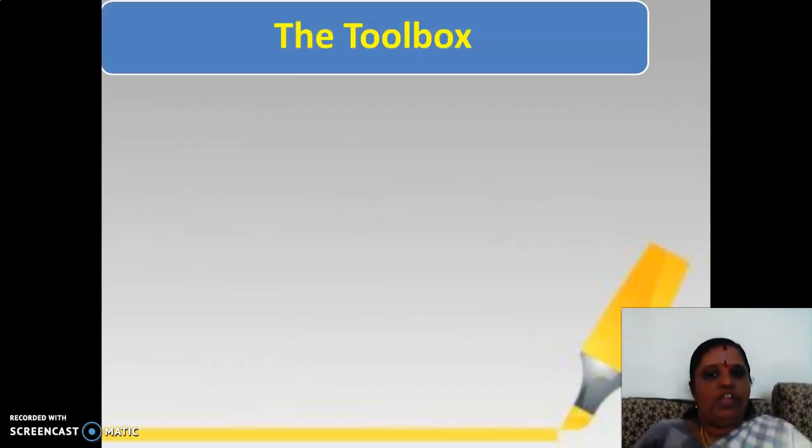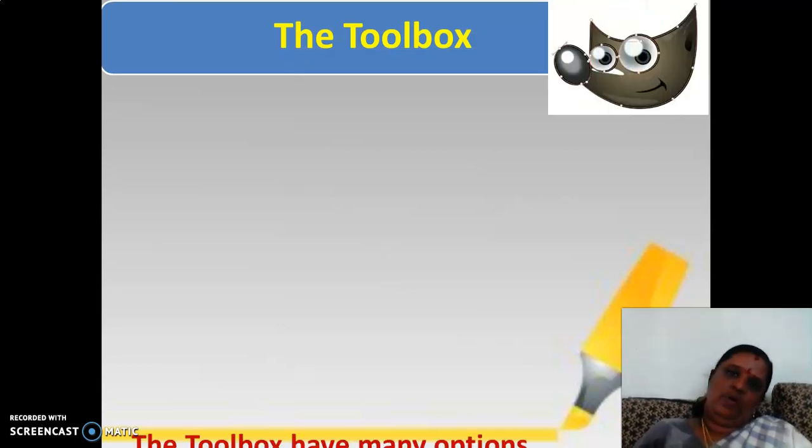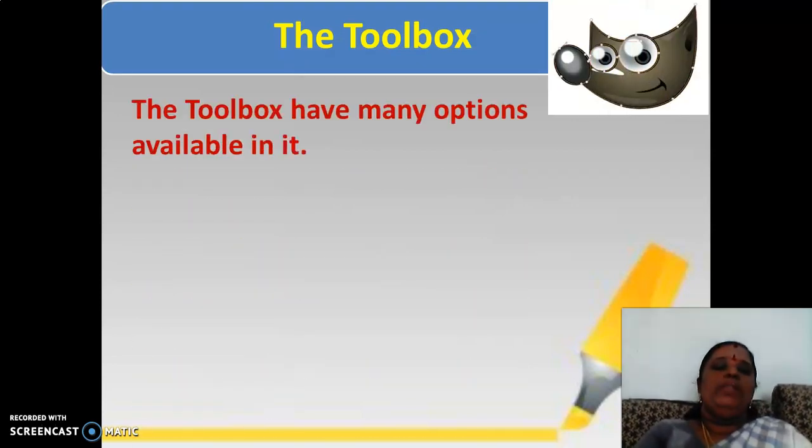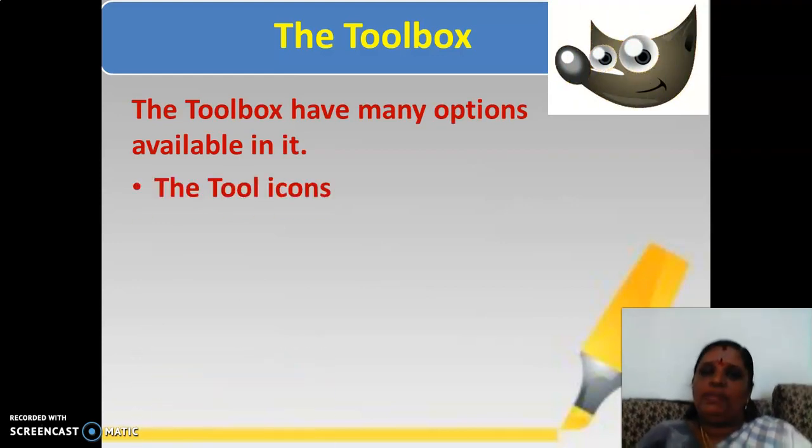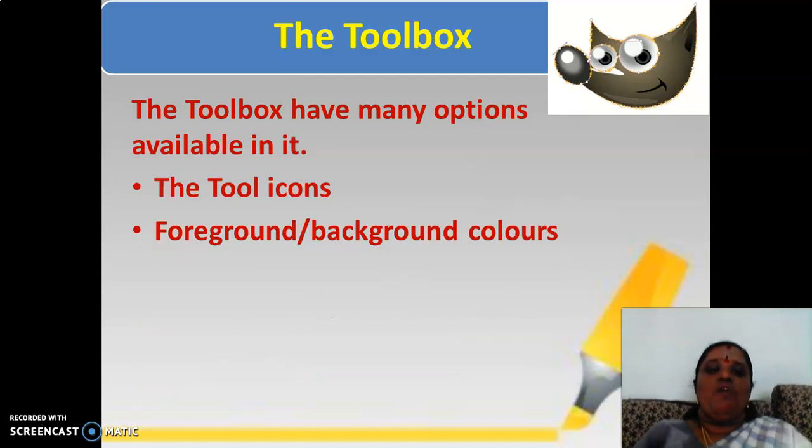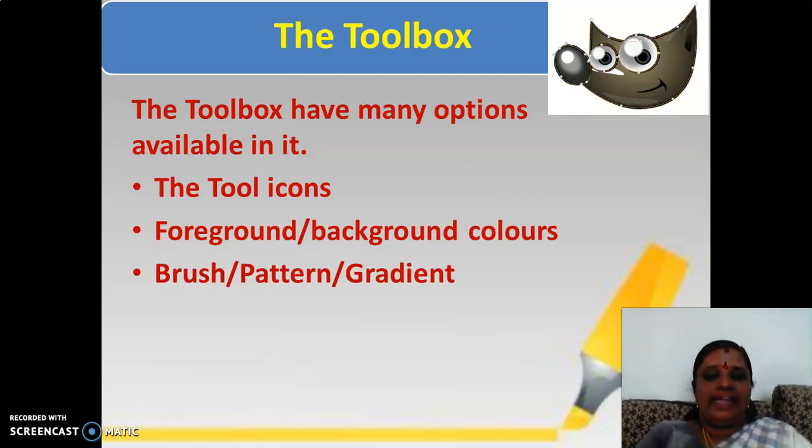You can enter into the toolbox. What are all the things available in the toolbox? Okay. The toolbox has many options available in it. What are all the options available? The tool icons, foreground and background colors, brush, pattern and gradient, active image.